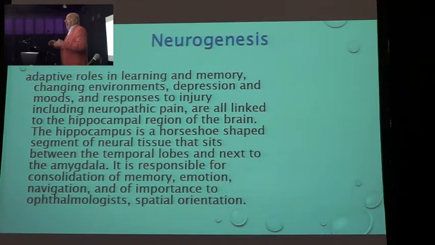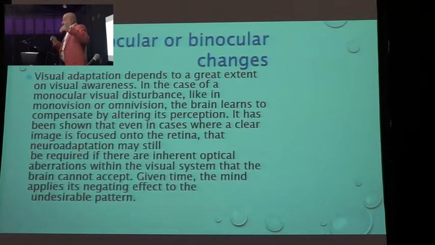Neurogenesis has adaptive roles in learning and in memory, changing of environments, depression and moods. This is also a very important factor when you choose your patients for surgery. Monocular and binocular changes will absolutely take place, and this is again visual adaptation to these new methods or ways of seeing.